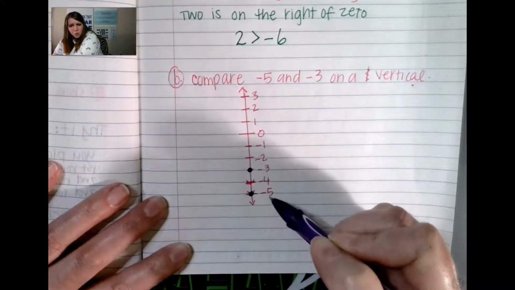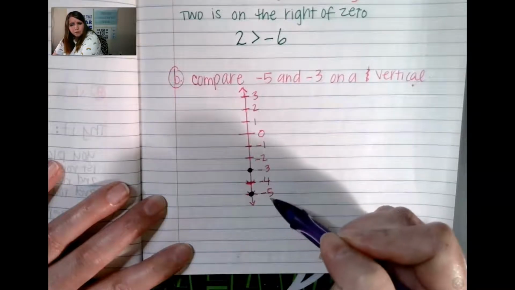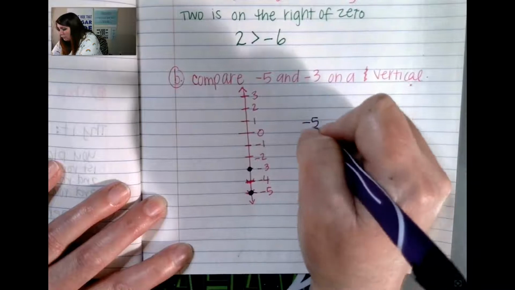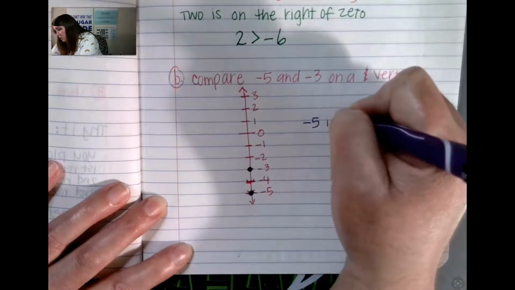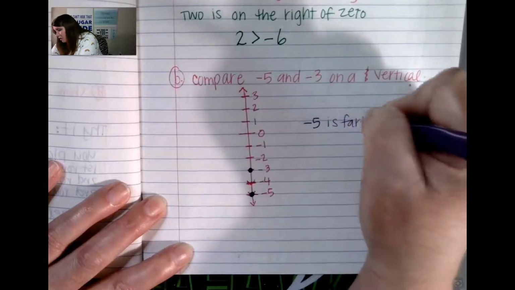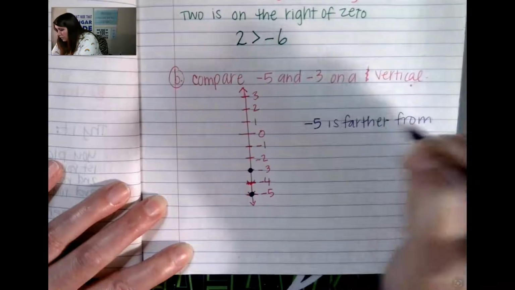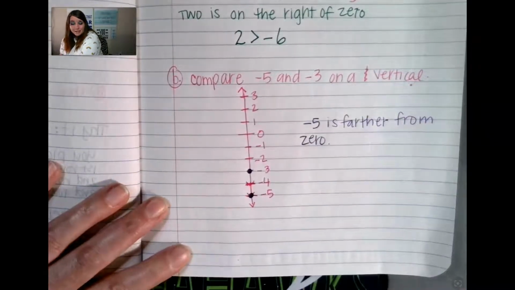So how do I know which one is bigger? How do I know which one has a greater value? Well, -5 is farther from 0. So it's less.